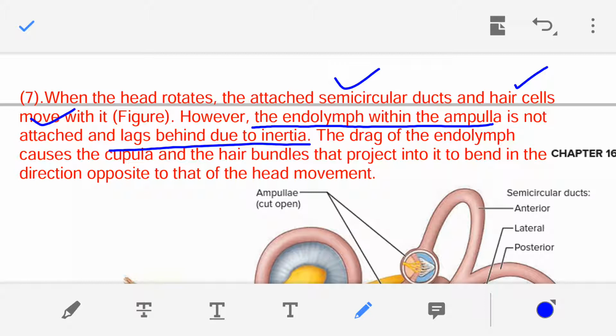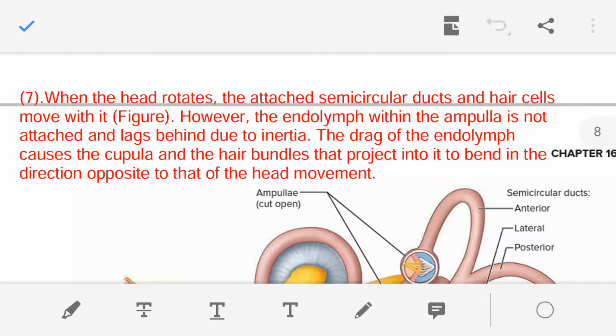So what happened? Initially, the endolymph is not moving. Endolymph is a fluid, but as we start rotating, it is lagging behind. It will take some time to move this endolymph.